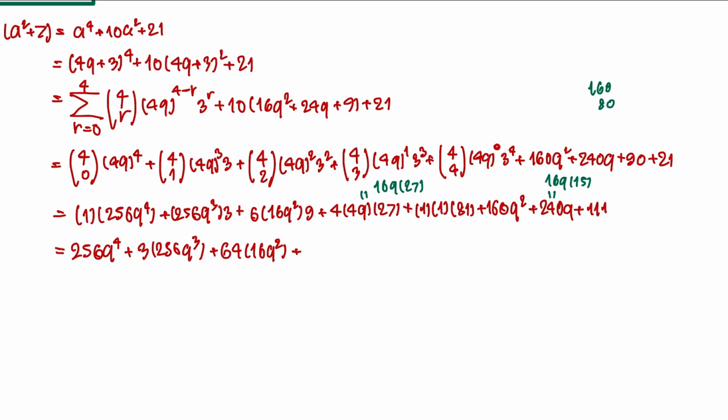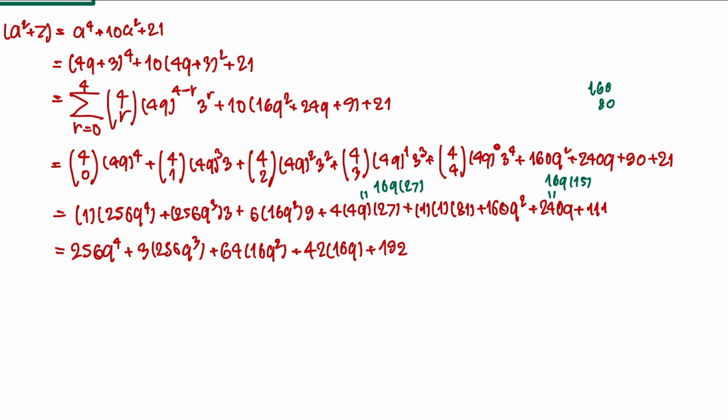Great. So we sum this term: you're going to have 42 times 16q, plus 81 plus 111. So you're going to have 192. That's what we have.